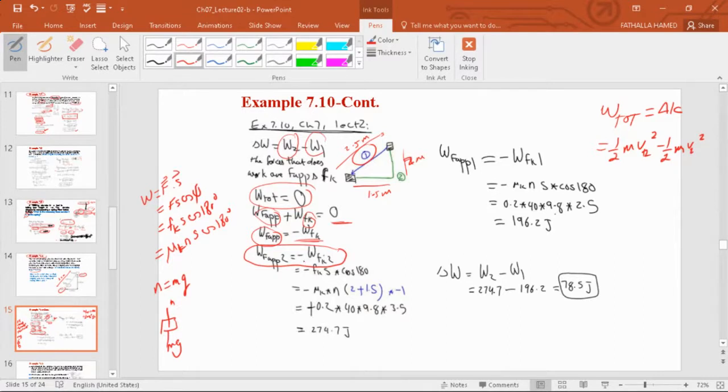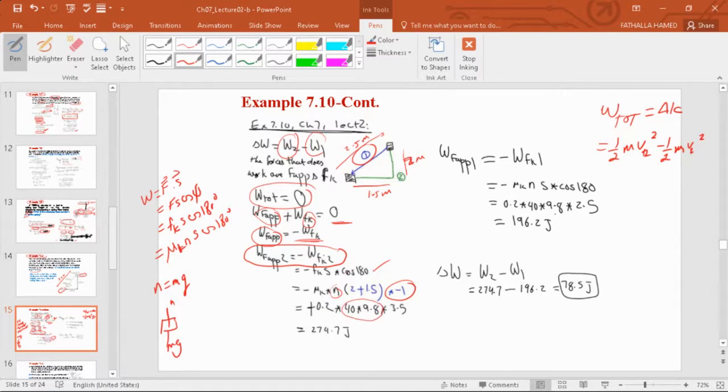So when you look at the work done by friction, the work that we do along path 2 should equal minus the work done by friction, which is equal to minus Fk s cosine 180 degrees. Cosine 180 degrees gives you minus 1. And the normal force here should equal mg, which is 40 times 9.8.